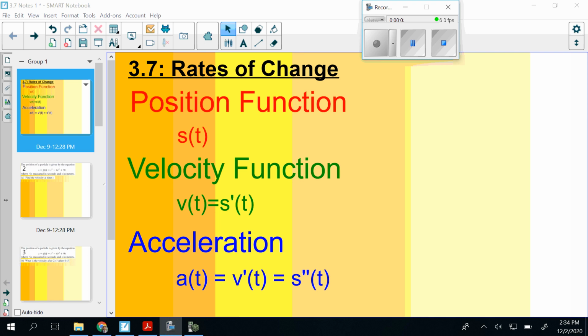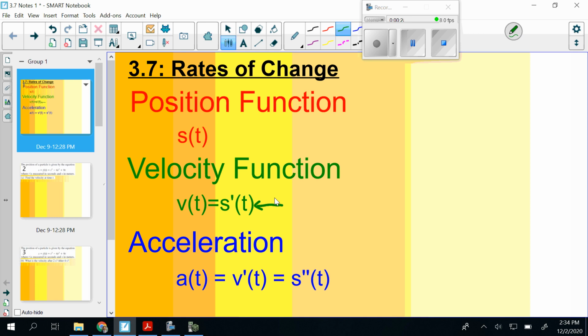All right, we're going to look at some rates of change here today. We've looked at before, if you have a position function, which gives the location of an object in terms of the time, then if we found the rate of change of that, that would be its velocity. So the first derivative of position ends up being the velocity function.